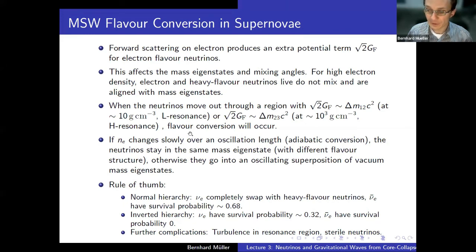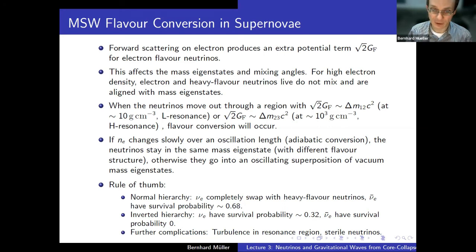For example, if you have turbulent fluctuations of density in these resonant regions, as we say, where the potential term for the MSW effect and the vacuum terms in the Hamiltonian are of similar size, so if you have density fluctuations there, that might affect flavor conversion.